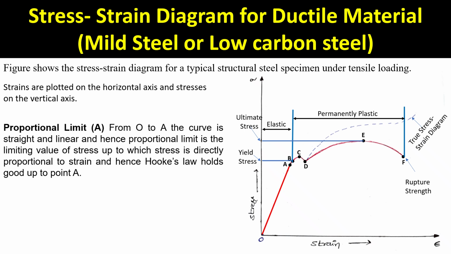So here observe, from point O to point A the curve is straight and linear, and hence proportionality limit is the limiting value of stress up to which stress is directly proportional to strain, and hence Hooke's law holds valid up to this point A. So in the previous lecture we discussed the Hooke's law and it is stated that stress is directly proportional to the strain up to the proportionality limit.